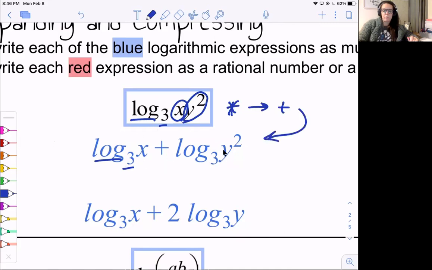A second rule of logarithms is that when you have a squared or an exponent of any kind, that exponent can actually be moved out in front. So we have our log base 3 of x plus 2 log base 3 of y. This is our basic rule here.